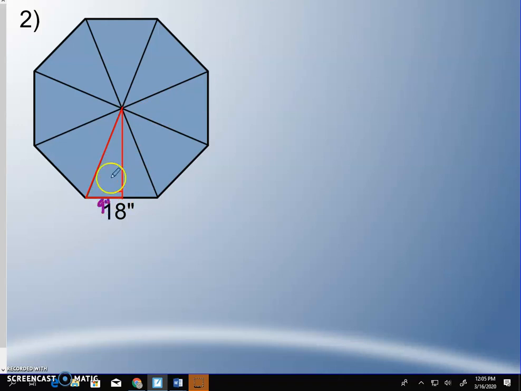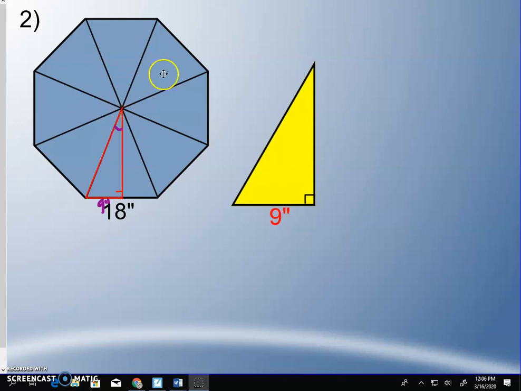And what I need to do is find the measure of this central angle. So first of all, let's blow up that picture. I blew up this fundamental right triangle right here, and I know that that's 9 inches. Now I need to find the angle up here. So the question is, how many of these fundamental right triangles are going to be in this octagon? Well, I hope that you ended up with 16.